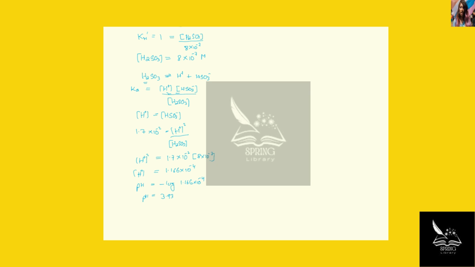So our final answer is: pH of the rainwater is equal to 3.93, and we have to assume that mainly sulfurous acid is present in the rainwater, and it is a weak acid. I hope you got the concept. Thank you.